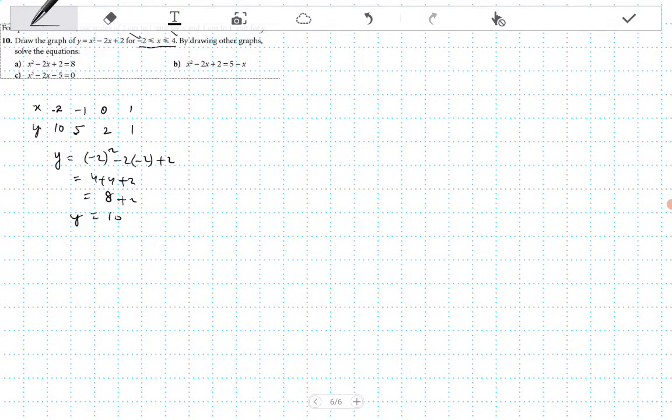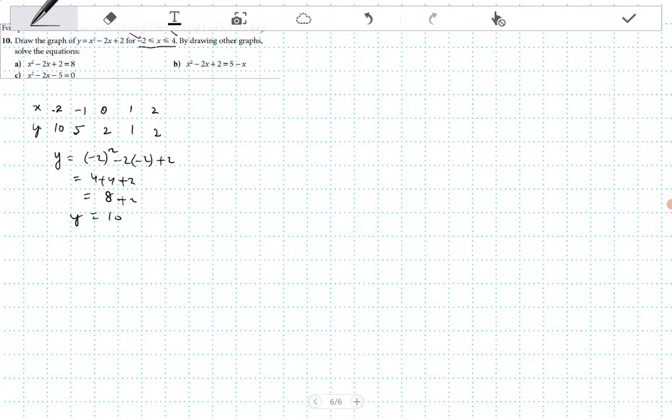Then at x equals 2, 2 squared is 4, 4 minus 2 into 2 is 4, so 4 minus 4 is cancelled, y equals 2. At x equals 2, y is also 2. At x equals 3, you can just substitute the value of x as 3 in this equation.